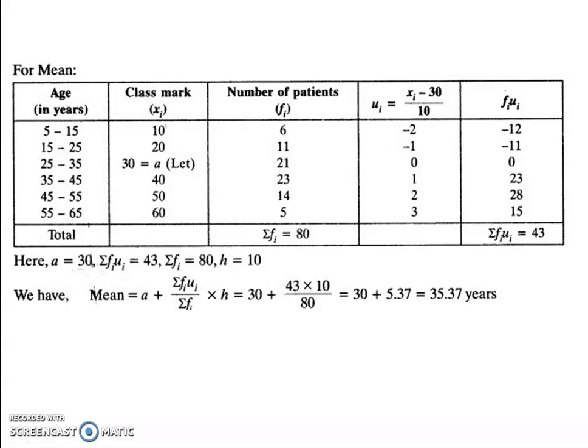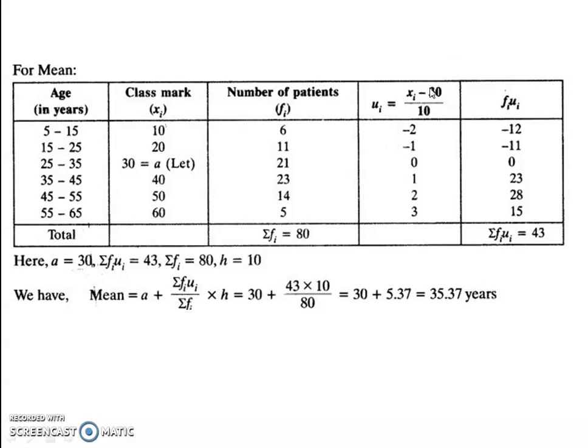So 15 minus 5, 10, or 25 minus 15, 10. So here h is 10. And we have assumed the mean as 30. So in the step deviation method, first find xi, then find di, then find ui.